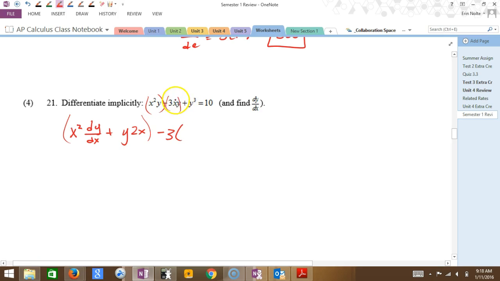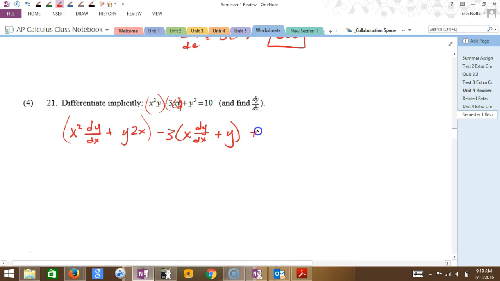So I have first, which is x, and then the derivative of y, dy dx. Plus the second, y, times the derivative of first. What's the derivative of x? 1.